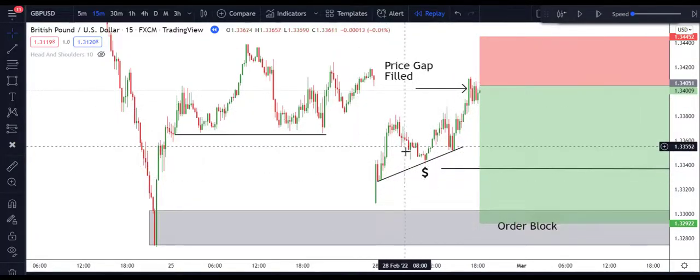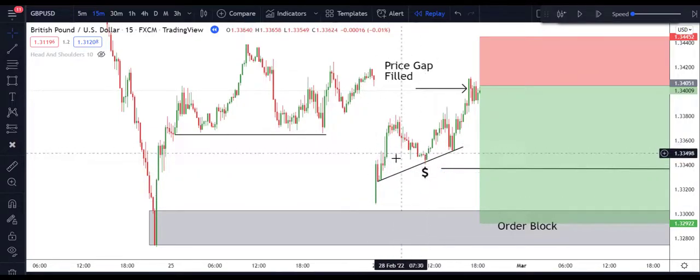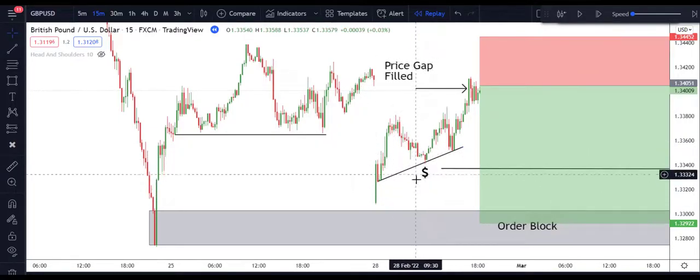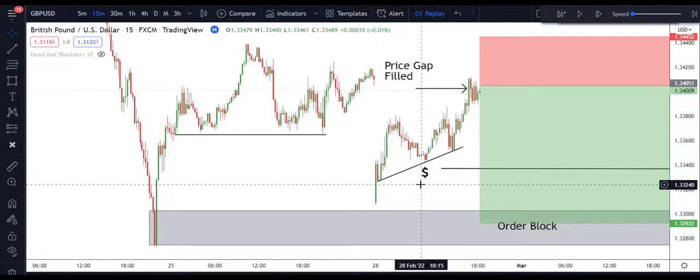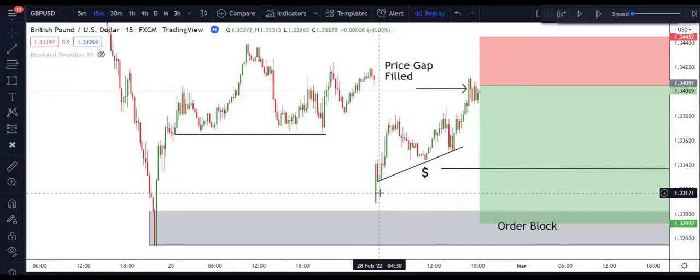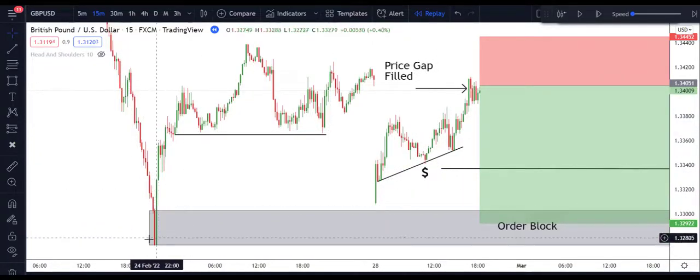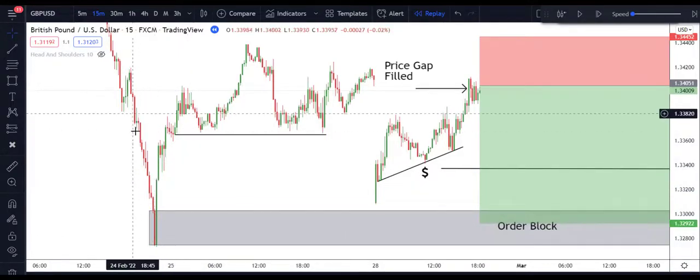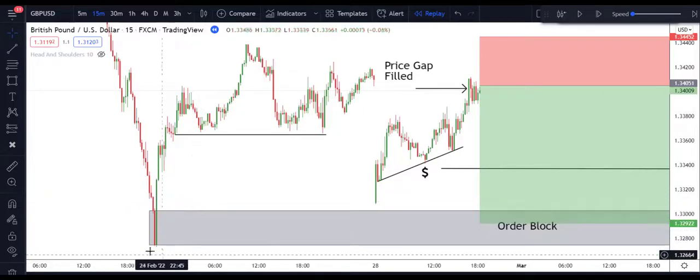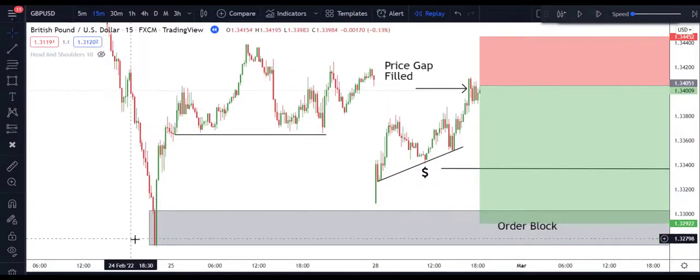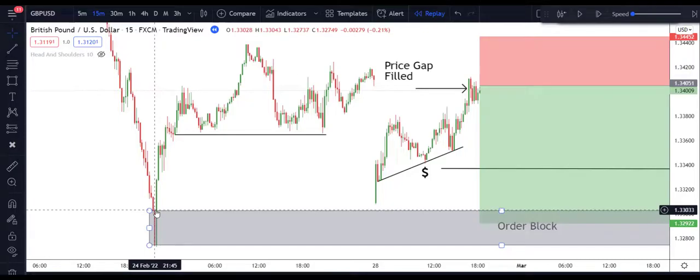And we know that whenever price creates this kind of trend line there is some liquidity below that area. So this is our area of liquidity, and if we come just below right here, we can see that price gave a sharp movement right here, and this is actually an order block area, and price fulfilled its previous target and grabbed some previous target right here with this order block.